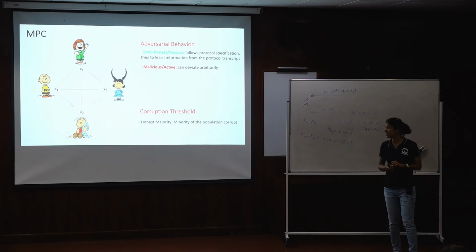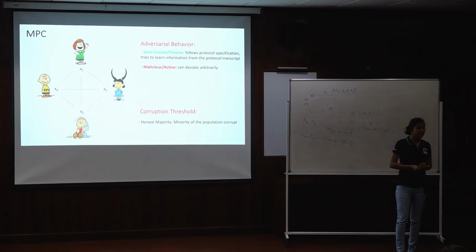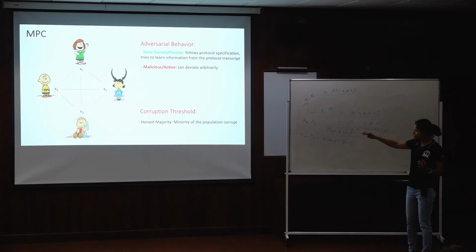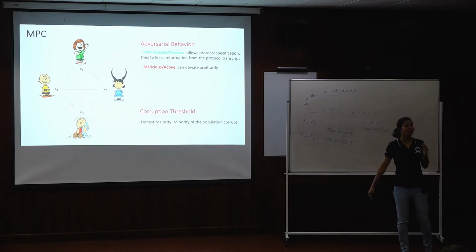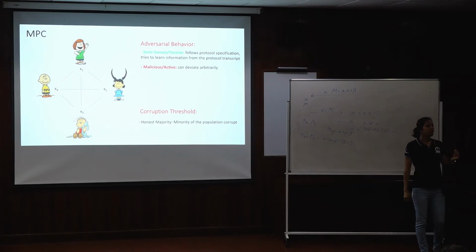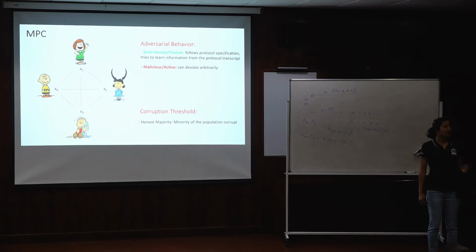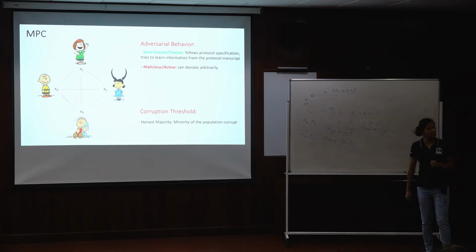Here the adversary will corrupt a minority of the parties, which means the majority of the parties participating in the MPC protocol are honest. This defines one class of MPC protocols, and you have seen one such protocol in the first talk: BGW is an instance of an honest majority protocol.